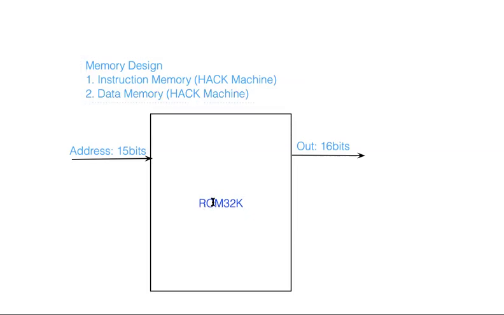So for data memory, we build 16K. We not only have the address, 15 bits, but also we have the input. The input in is 16 bits.